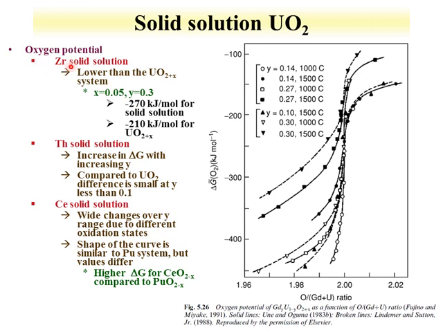For the zirconium solid solution, data has been collected. For the thorium solid solution, there's an increase in Gibbs free energy with increasing Y, the amount of thorium. Compared to the UO2, the difference is small at Y less than 0.1.